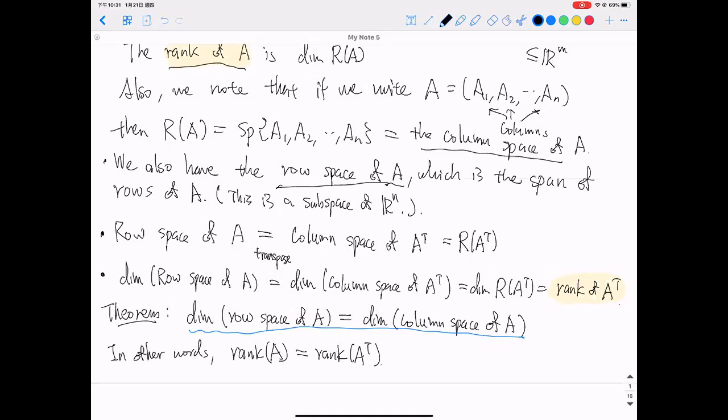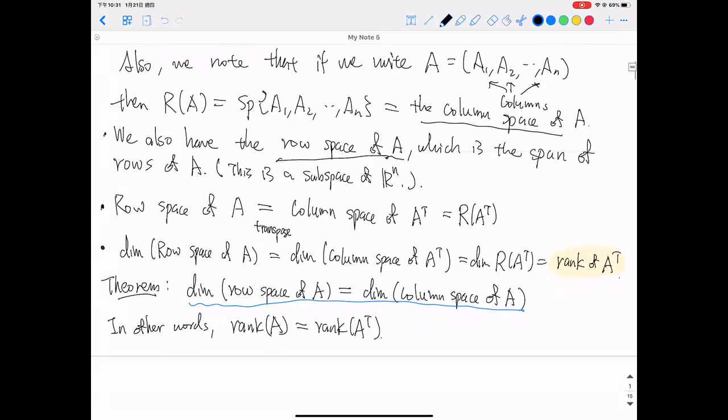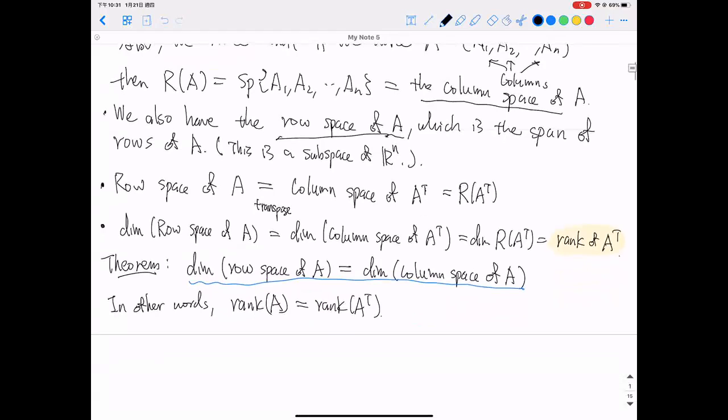Okay, so we will think about that in a moment. So that's one theorem.